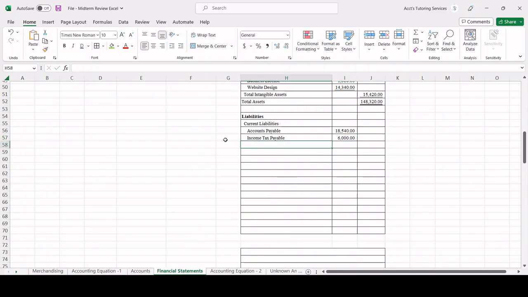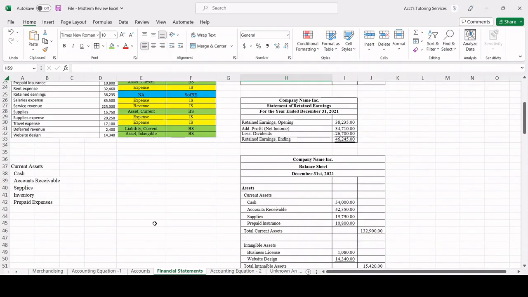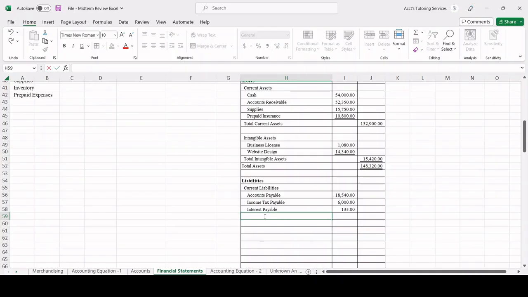Then we're also going to have, 1, 2, 3, 4, 5, interest payable, which is going to be 135, and interest payable is going to be right over here. And then we have deferred revenue. Remember, deferred revenue is not a revenue, it's a liability because we haven't performed the service yet, but they paid in advance. So it's a future obligation. 1, 2, 3, 4, 5. Deferred revenue is going to be 2,400.